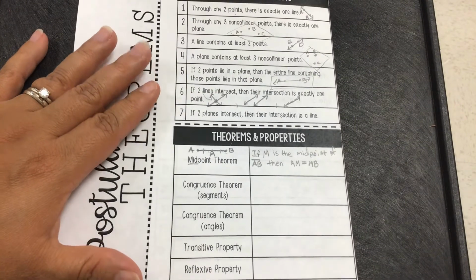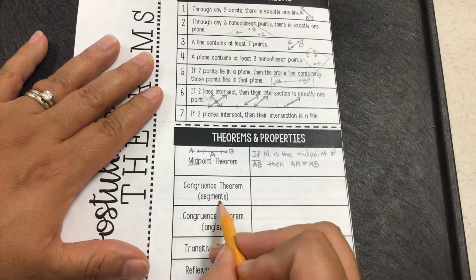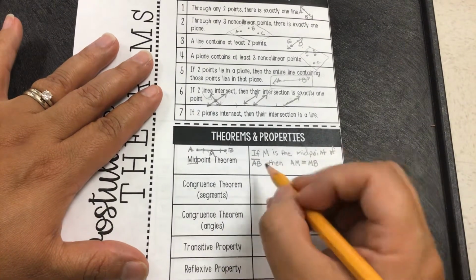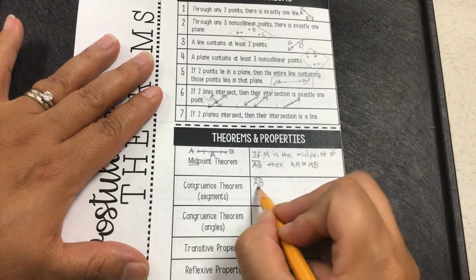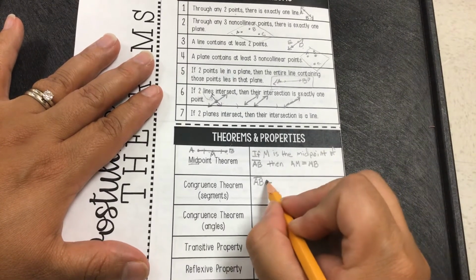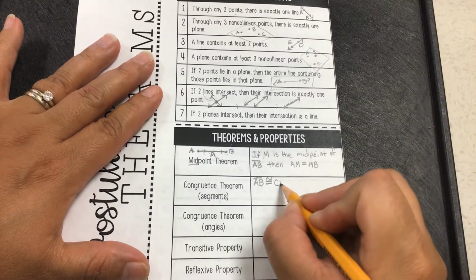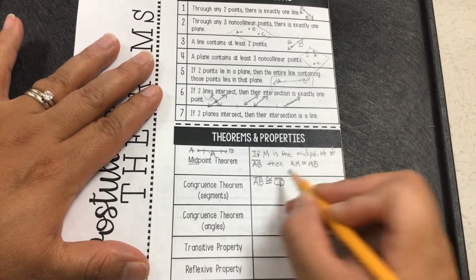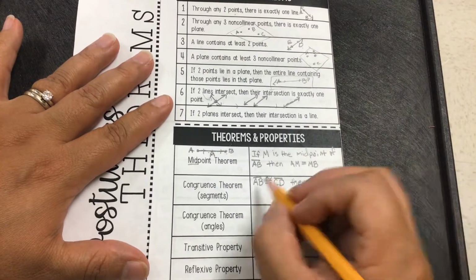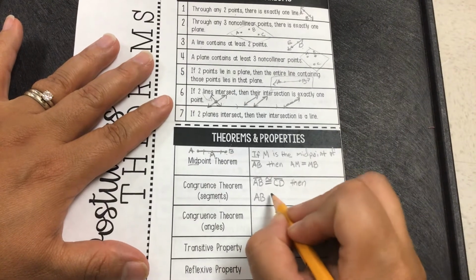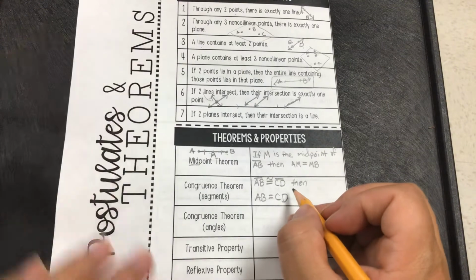Congruence theorem. What congruence theorem tells us when we're talking about segments is that if we have the segment AB is congruent to the segment CD, so don't forget the notation at the top, then AB is equal to CD. So what's the difference?